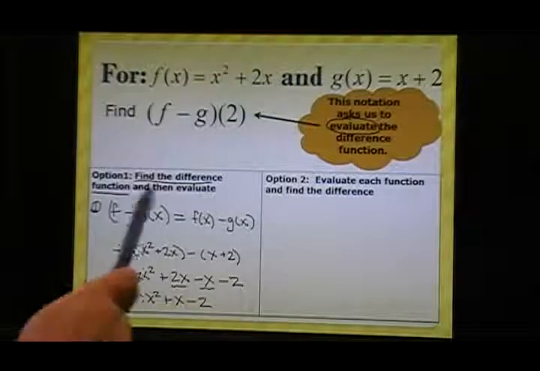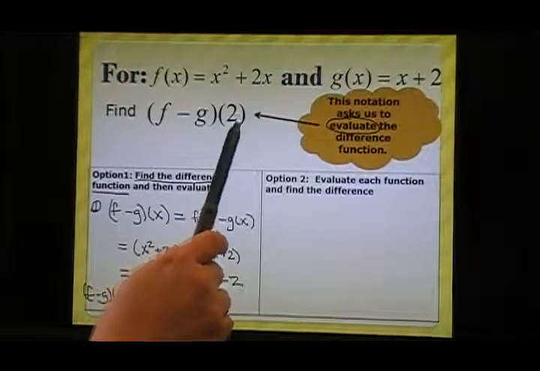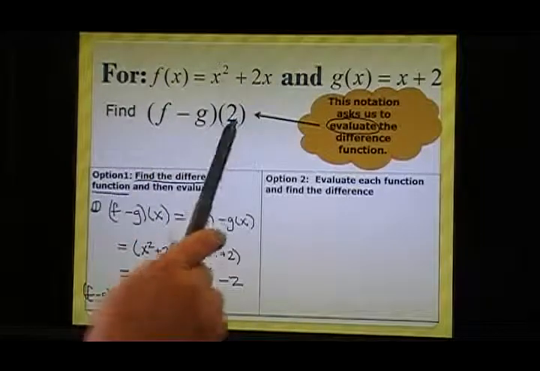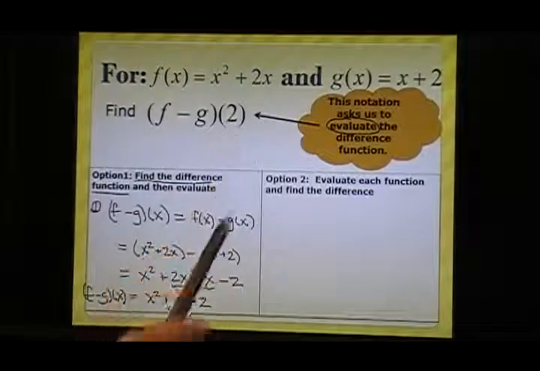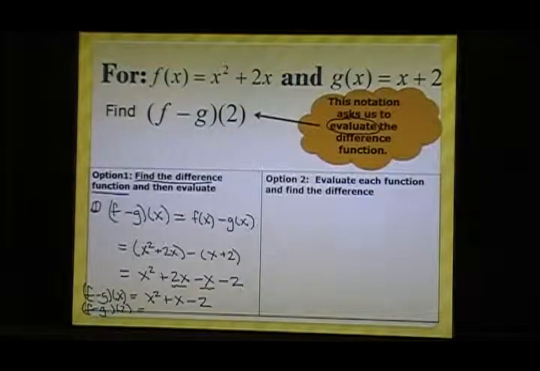Now that I have found the difference function, I can substitute 2 into it to find f minus g of 2. So f minus g of 2 would be 2 squared plus 2 minus 2, which is 4. So the answer here is 4.